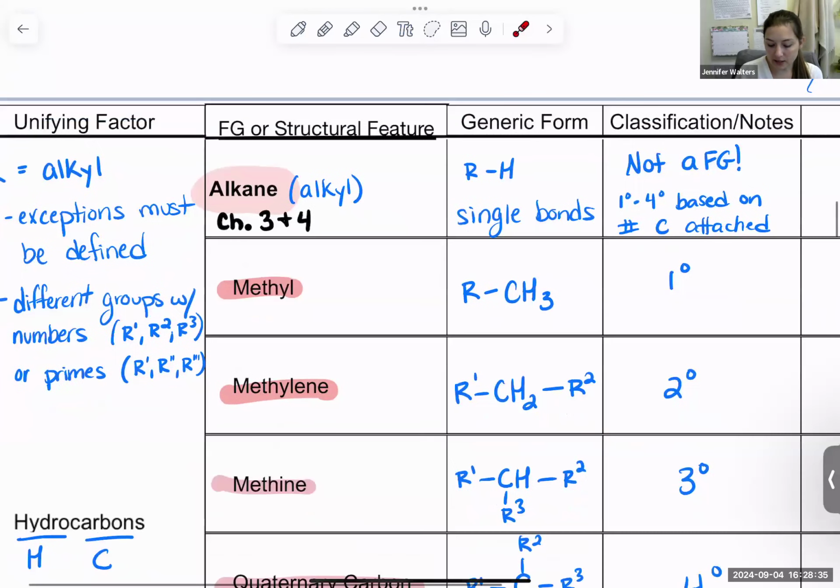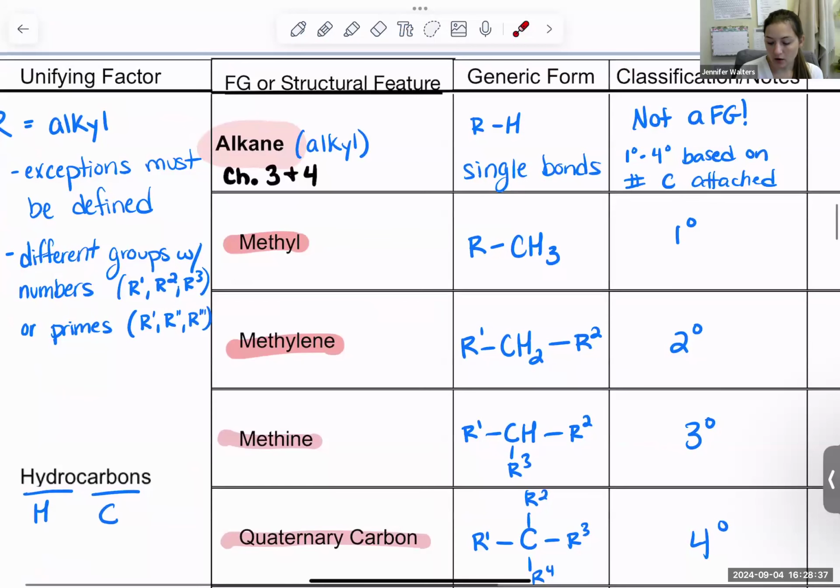Our alkanes are categorized or classified as primary, secondary, and tertiary. So within the alkanes, we can get methyl, methylene, methine, and quaternary carbons. Our primary, which is written as 1 degree, but it's read primary, is the methyl carbon. That is just a CH3 that is hanging off of our carbon backbone.